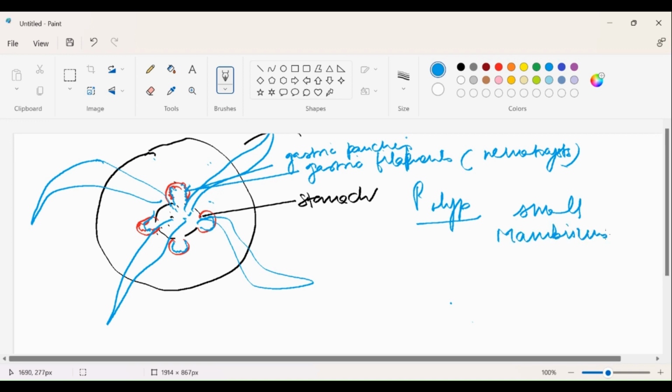Wherever the brief phase of polyp is present, I'm making the polyp. This portion is the membrane.